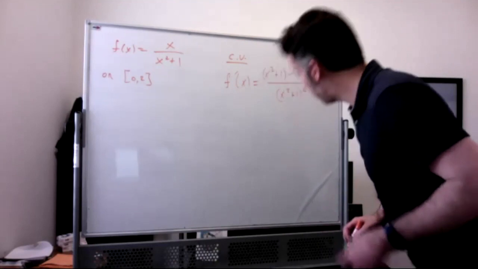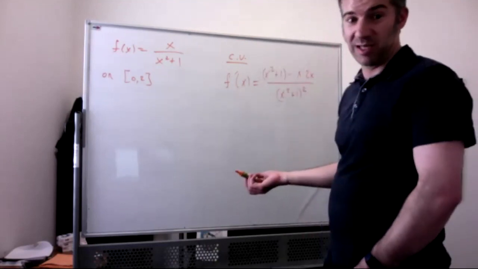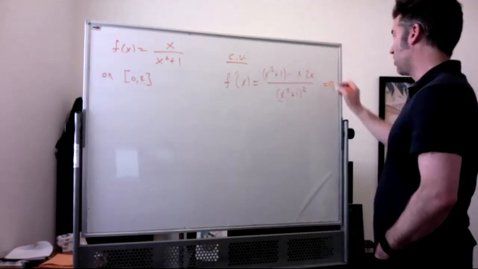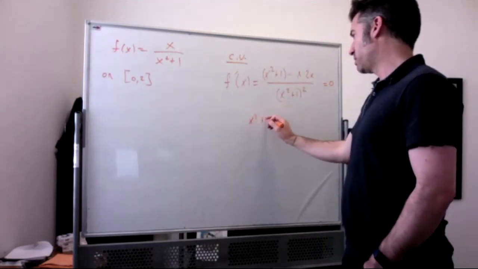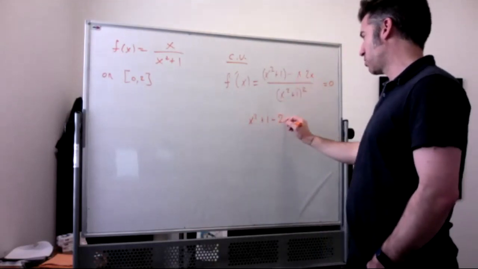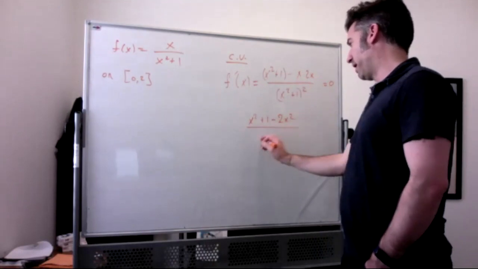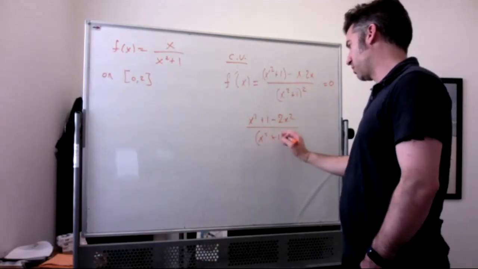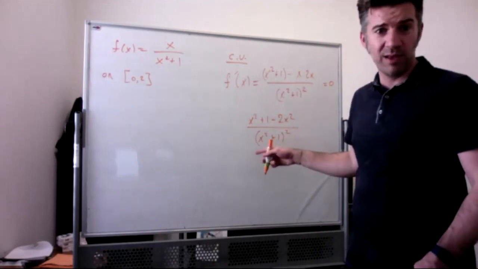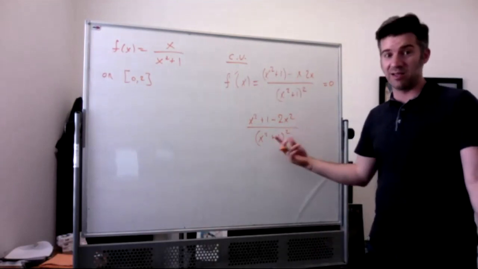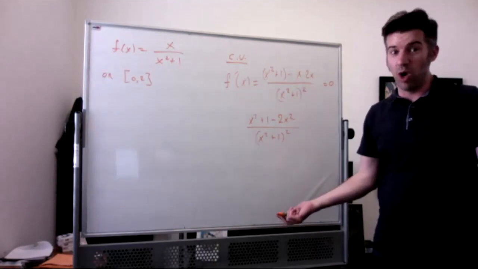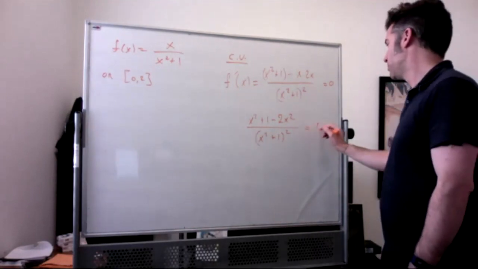And then we have to simplify, right? Because we're trying to figure out where this is equal to 0 or undefined. So I get 2 times x squared plus 1 minus 2x times 2x, all over x squared plus 1 quantity squared. I'm not going to multiply out the bottom. I would also point out that this is never going to be undefined because the denominator is always greater than or equal to 1.